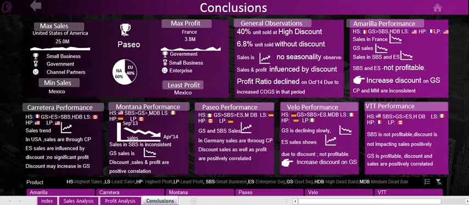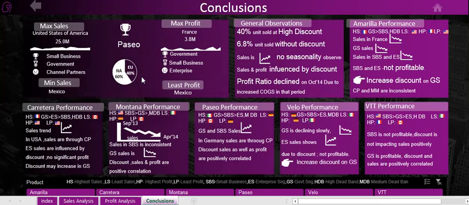Paseo is a champion product which sold the maximum number and earned maximum profit also. In the United States, the small business segment is doing very well, followed by the government segment. But in France, the government segment is the most profitable. See, in Mexico the sale is minimum, and it is earning the least profit.